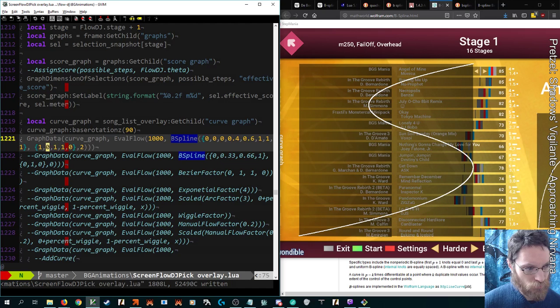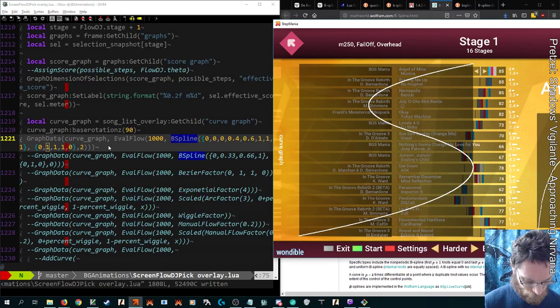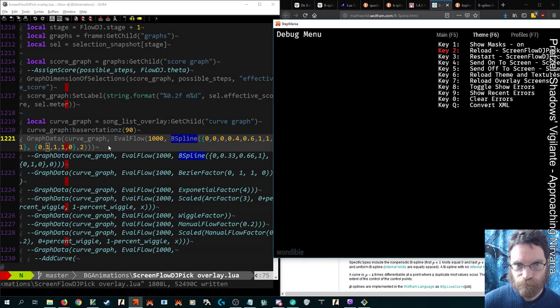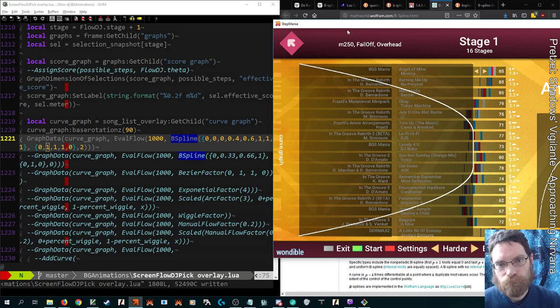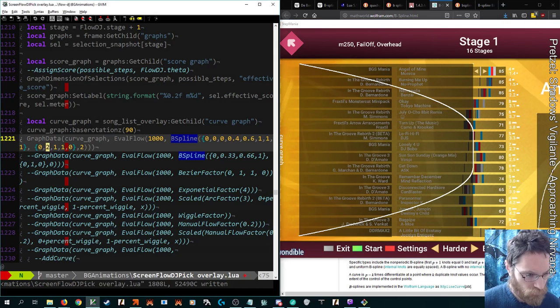So the control points are pointing towards 0 to pointing towards 1. So pointing towards 0 off here somewhere, to pointing towards 1 somewhere in the middle. And I don't know.